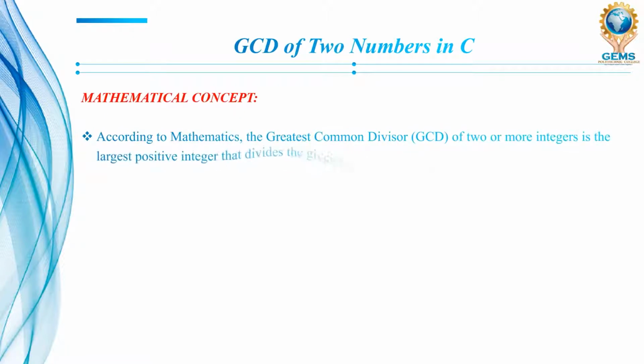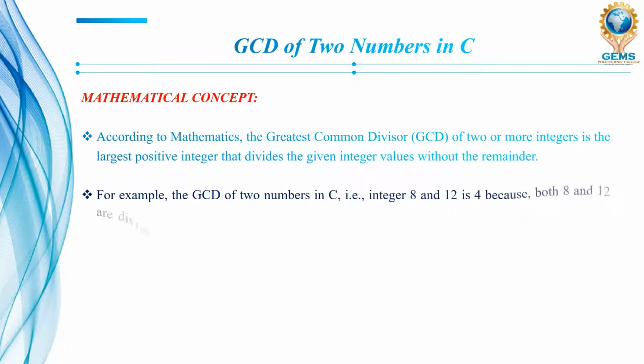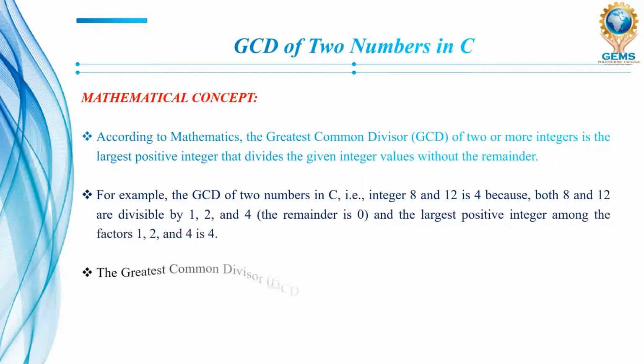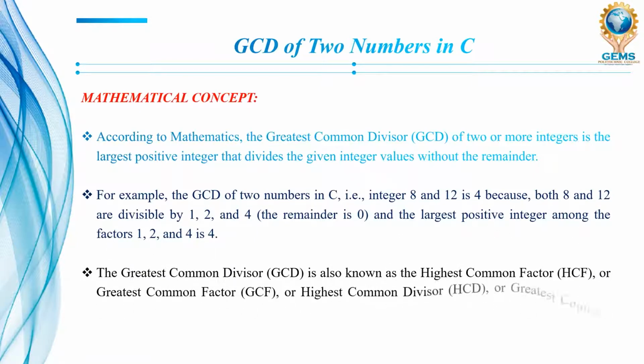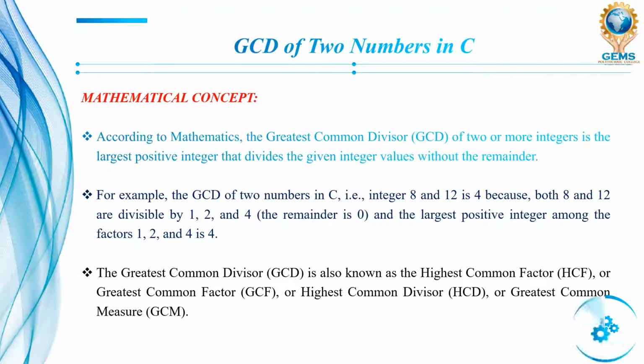So before jumping into the coding of our program to find the GCD of two numbers, I just want to give the mathematical concept of how we are going to find the GCD of two numbers. In the mathematical concept, it says that the greatest common divisor of two or more integers is the largest positive integer that divides the given integer values without remainder.